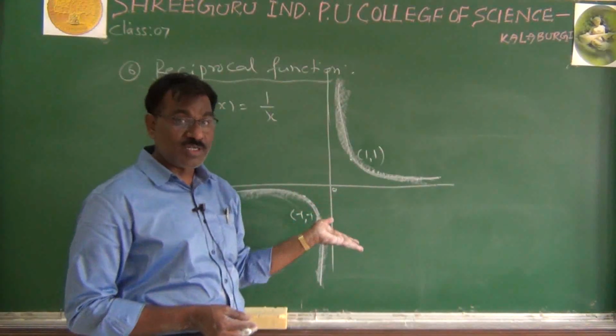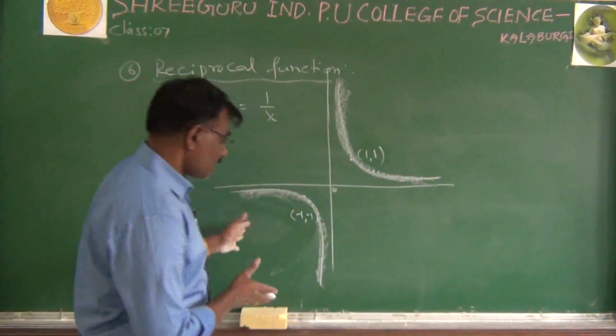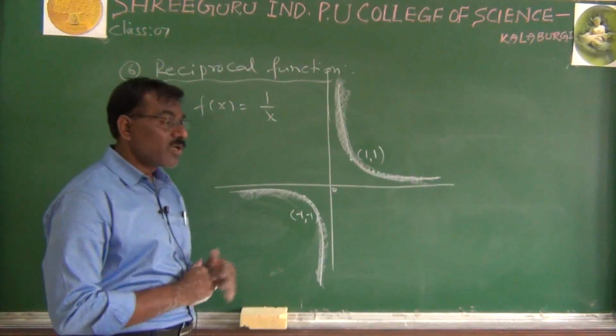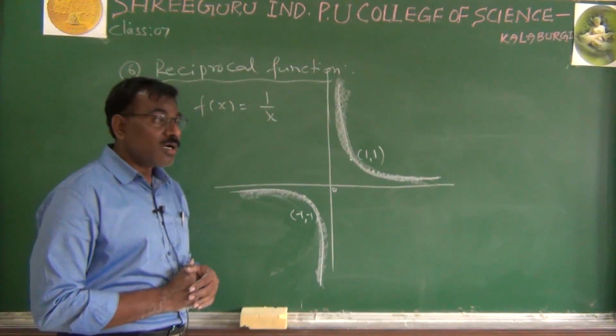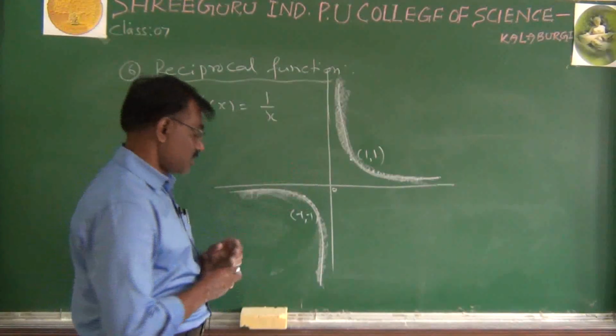So this is called a rectangular hyperbola, symmetrical about opposite quadrants.